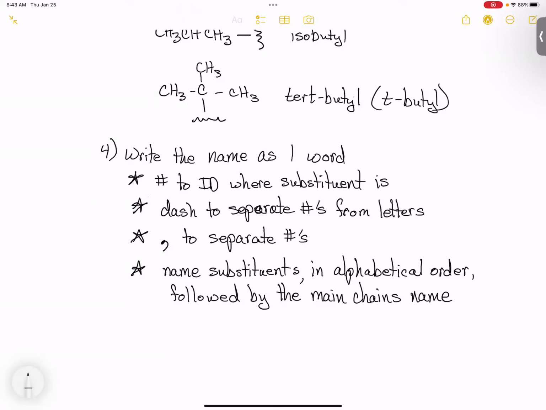Yeah, comma just to separate. Oh, yeah, that's a comma. Sorry.